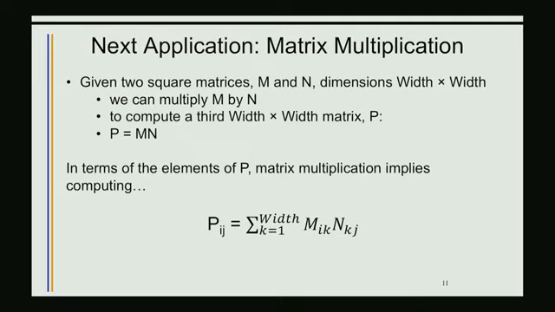So from the perspective of the computation, what we're doing is calculating the individual Pij's of the output matrix P by iterating through this internal variable K, which is essentially doing a dot product of the two vectors that are in M and N. Let me give you an example.